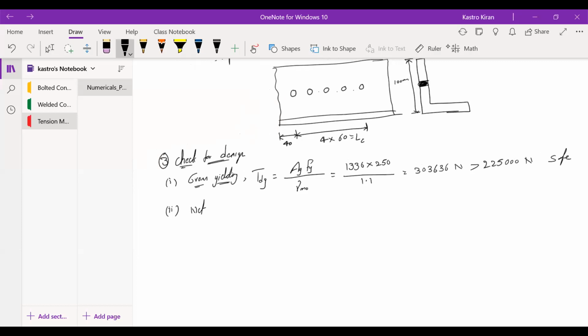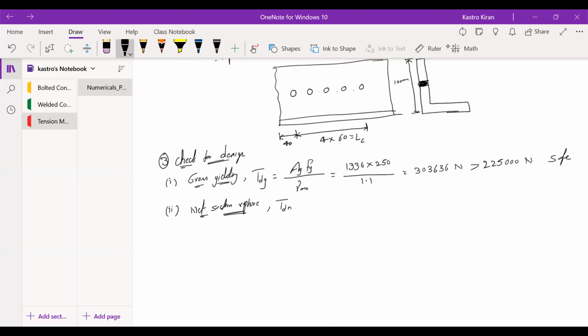Next one is net section rupture. Go to clause 6.3. Since it's an angular connection, you know the value of TDN by referring to clause 6.3.3.